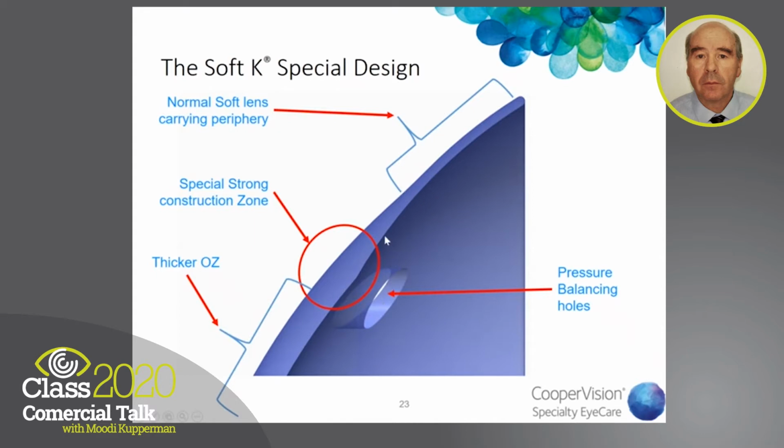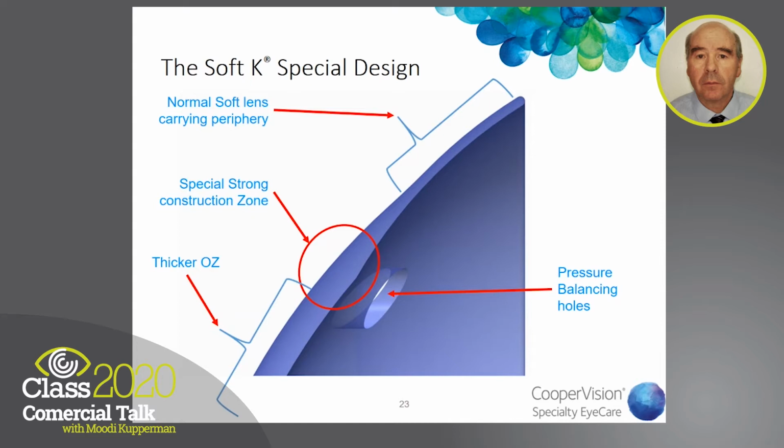And then we need a designer program in order to make this area, where the pressure balancing holes are, a strong area, the strongest area. Unfortunately, I cannot demonstrate it, but believe me, if we take a paper and just make a fold in it, it becomes stronger than just a paper.